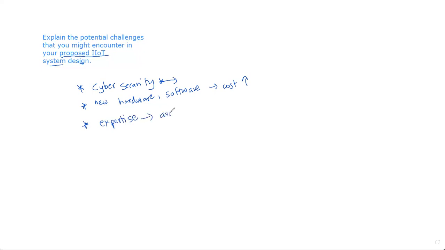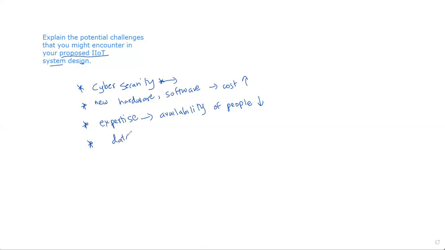The availability of people who are able to handle these kinds of networks is low, right? Therefore, availability of highly skilled people is low, so we might not be able to implement this network with ease.